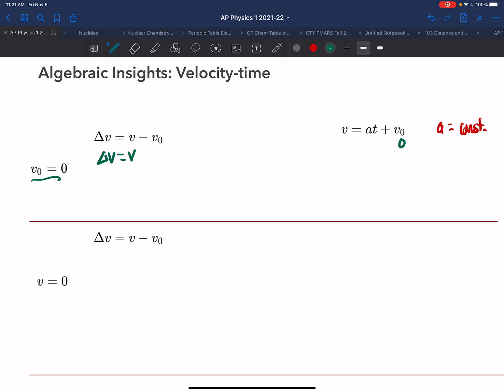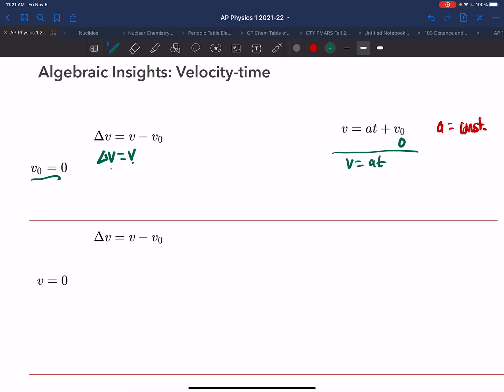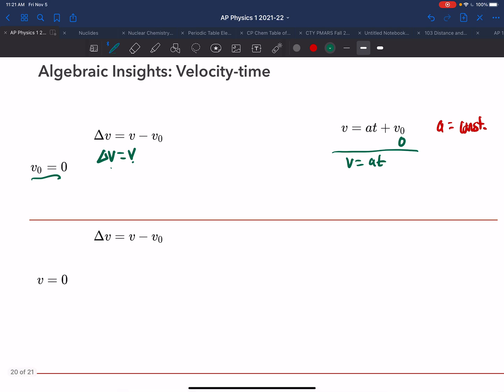And if v0 equals 0 on this side, then v equals at. Well, if v equals delta v and v equals at, then at equals delta v when v0 equals 0.